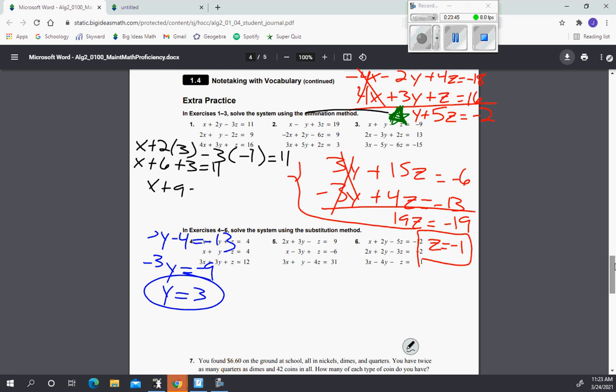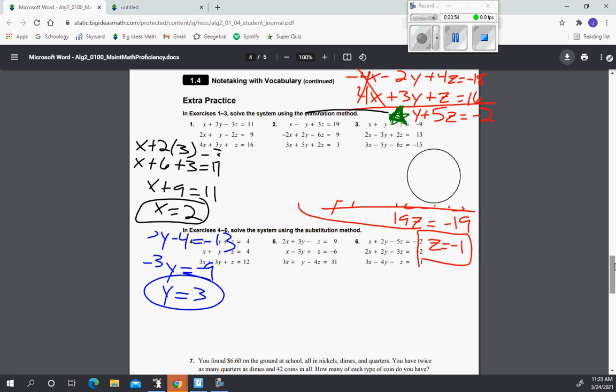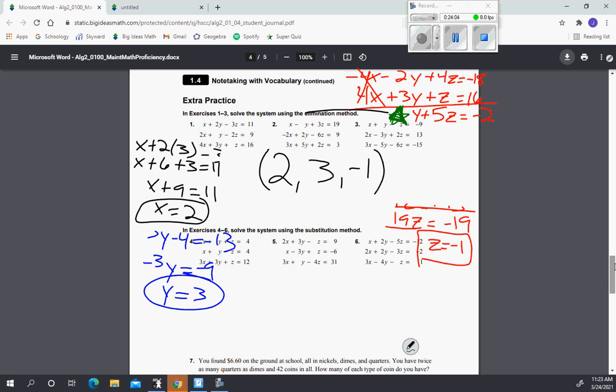X plus 9 equals 11. X equals 2. My final answer has to look like this. X was 2, y was 3, and z was negative 1.